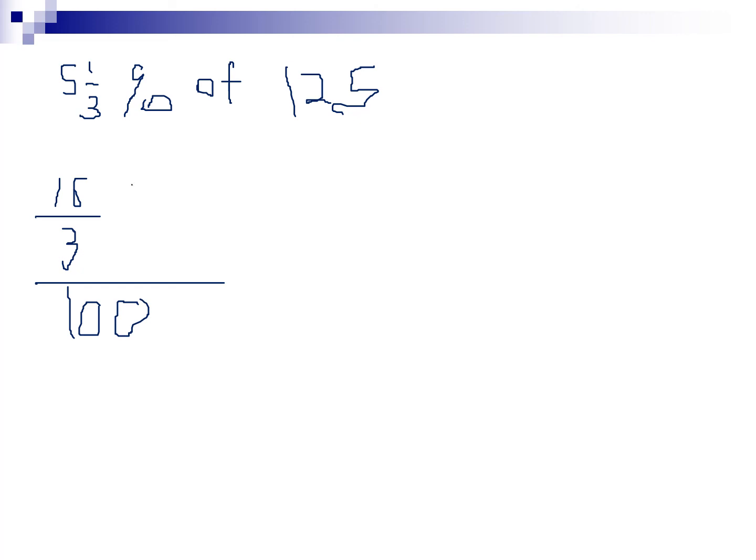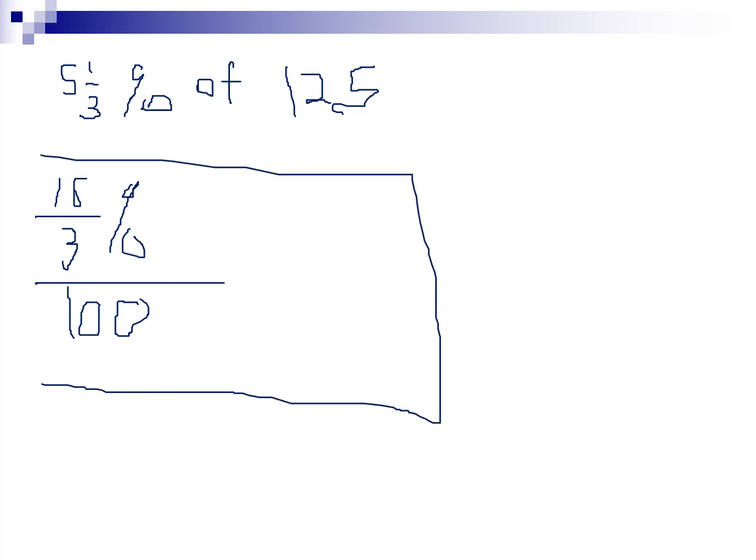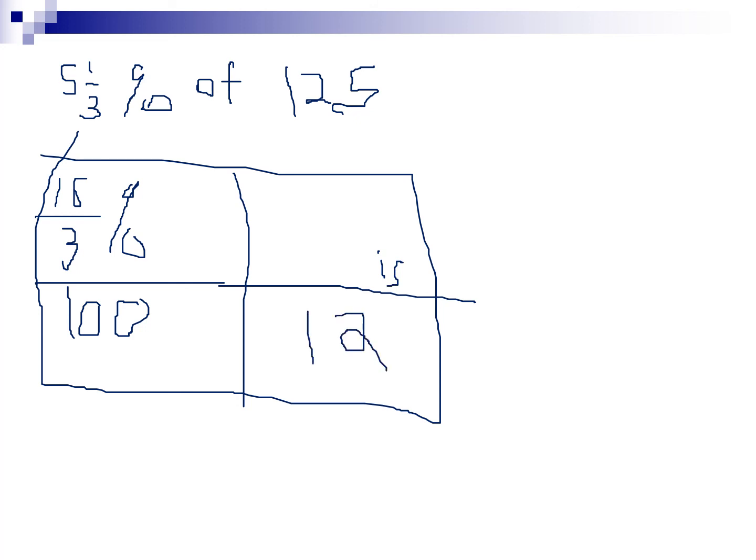So this is your percent. And then we have our is and our of. What we're solving for is the is, and 125 being over the of.